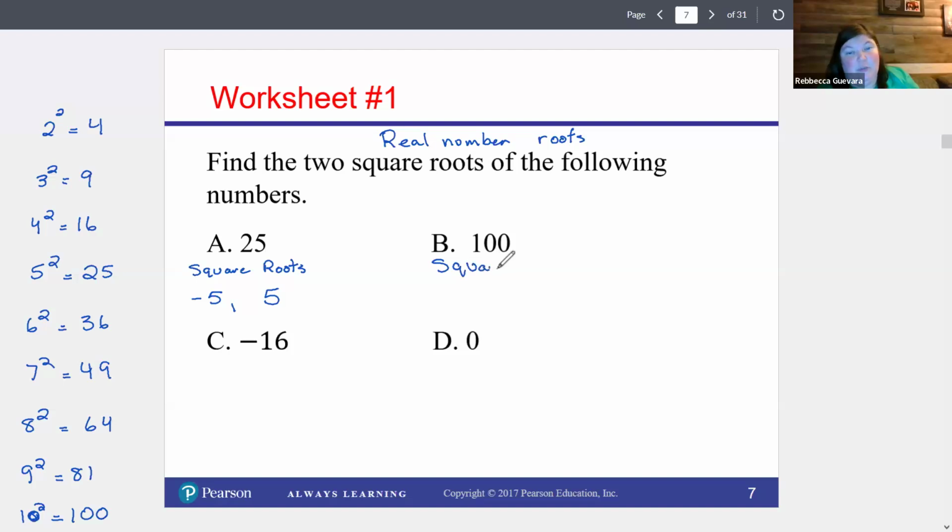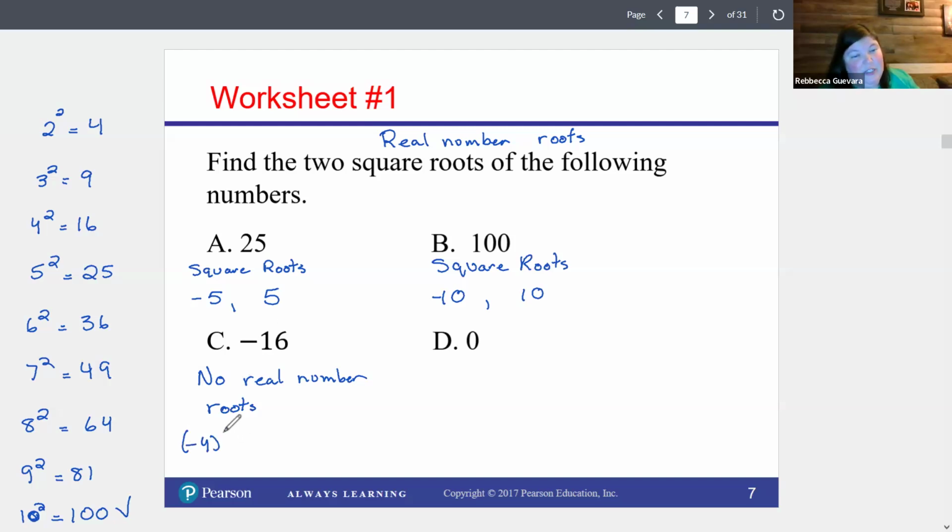For B, we're looking for square roots again. Here's 100, and 100 comes from 10 squared, so we know 10 is one of the roots, but that also means -10 is the other root. -16, this one we would say has no real number roots, because there's nothing I can square that's going to give me -16.